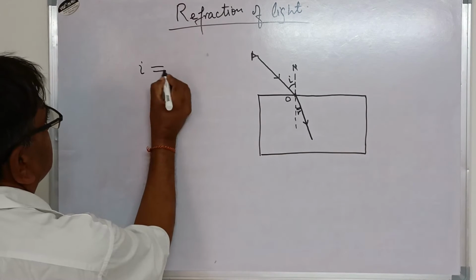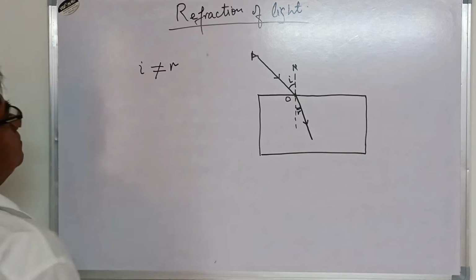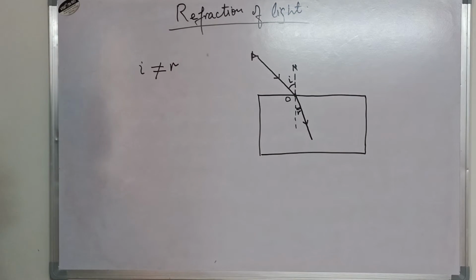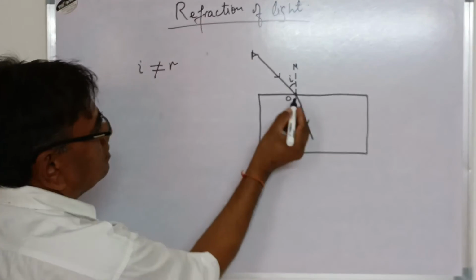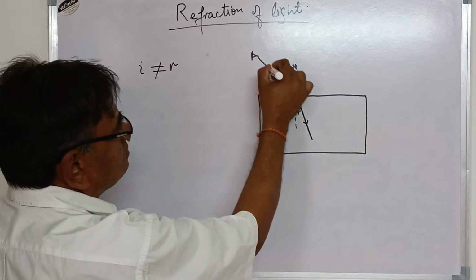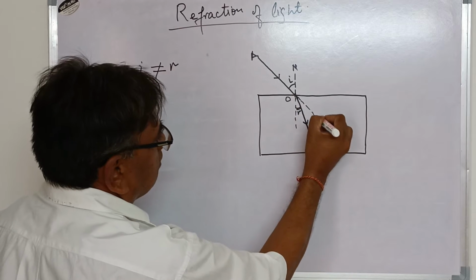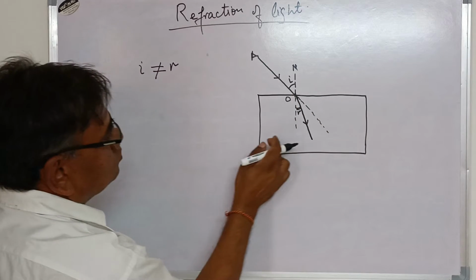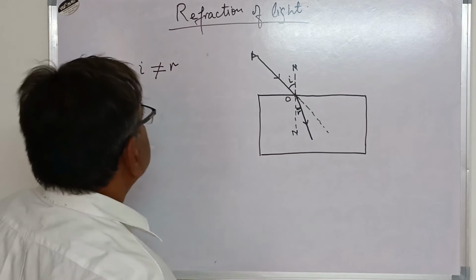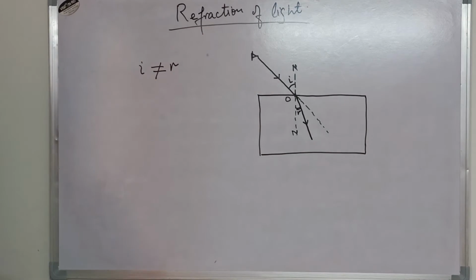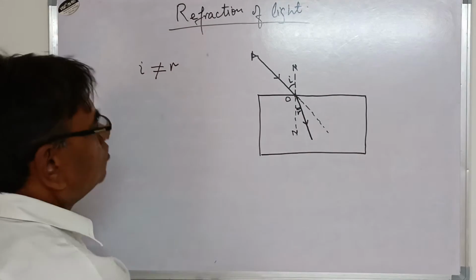I is not equal to R. The ray is not following its own path. It is not going directly in the same direction, but it bends towards the normal.